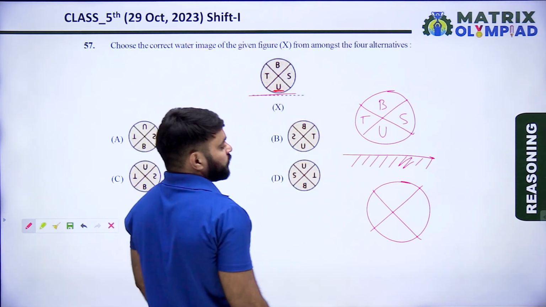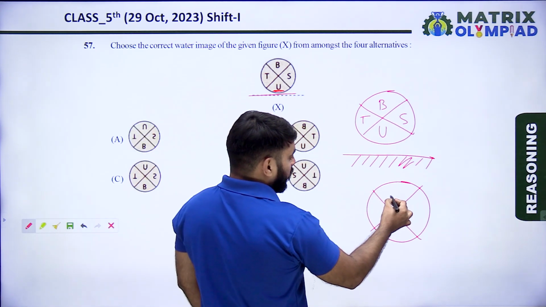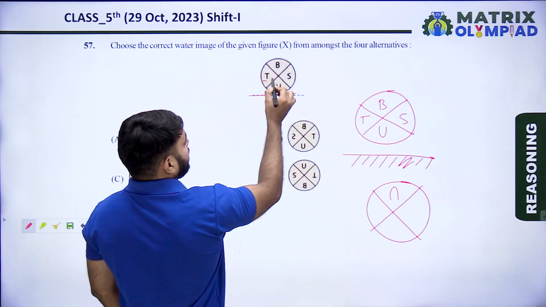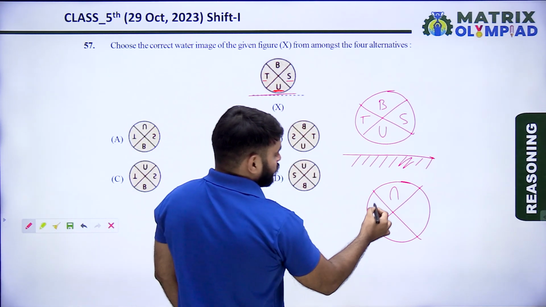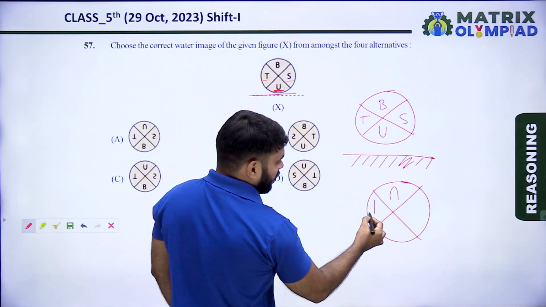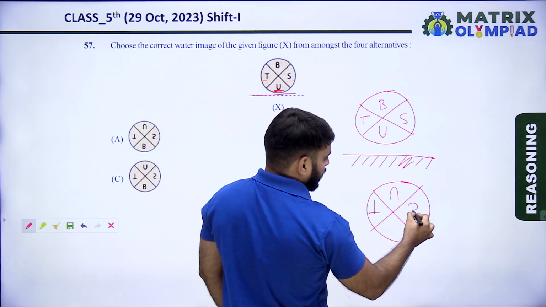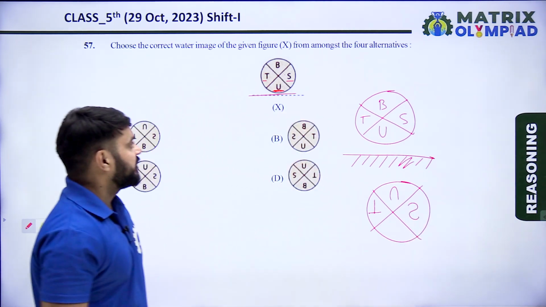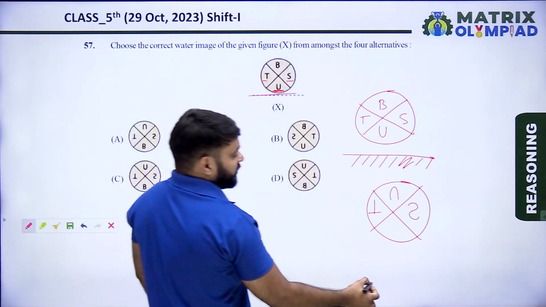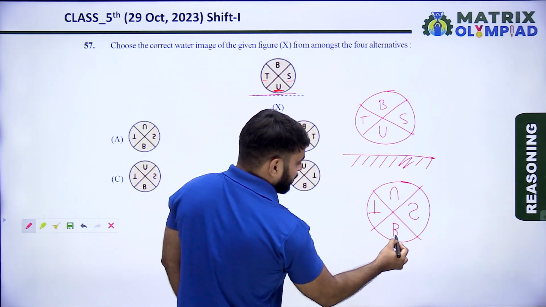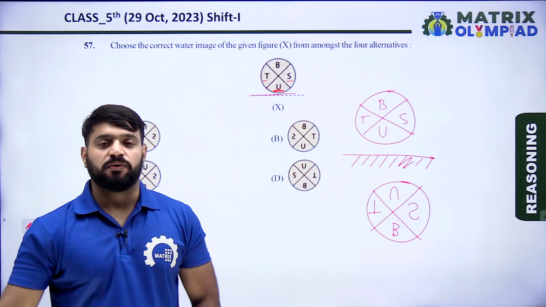water image of U. So the water image of U looks like as follows. And then find the water image of T and S. So the water image of T looks like as follows, and the water image of S looks like this. And now find the water image of B. The water image of B looks like as follows.